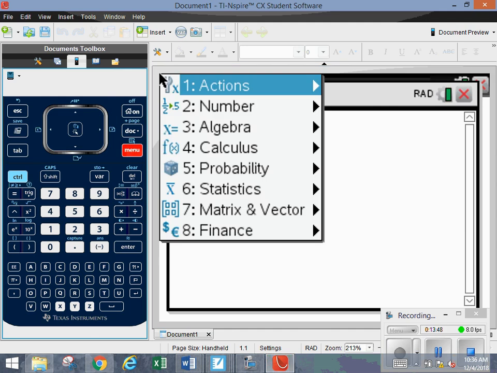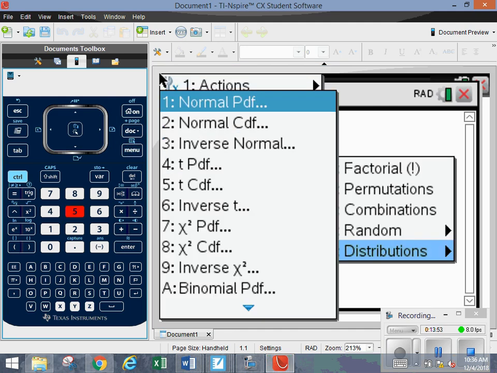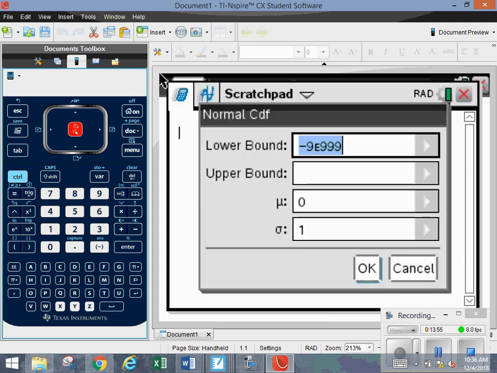I'm going to hit menu, probability, distributions. We are going to choose normal CDF. Where our lower bound is that. That's good. We can leave it as that. Or we can put negative 10 to the 99th power if we wanted. Our upper bound is going to be 100 with a mean of 108 and a standard deviation that I finally got right as approximately 5.196.